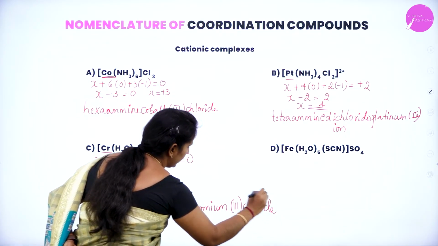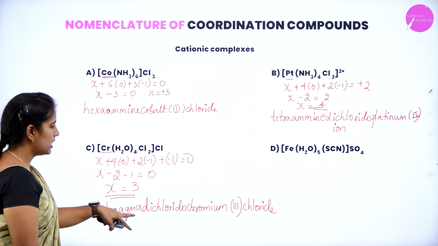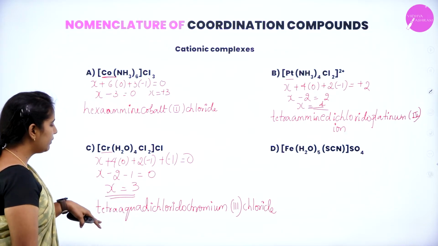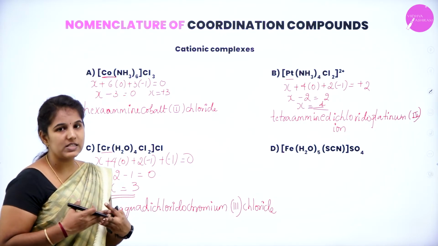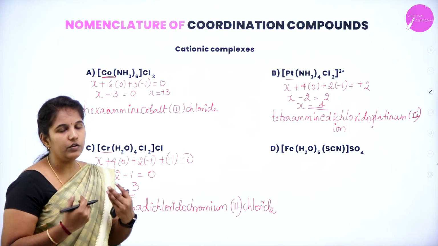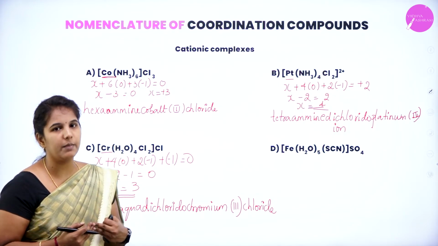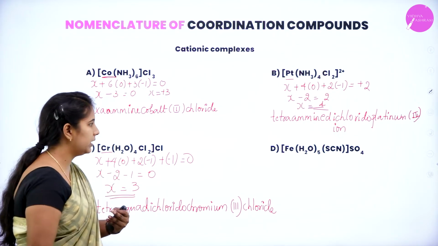Chromium 3 chloride. This is how we will name this compound, and you can see that while naming this coordination compound, I have not given any space in between them. Okay, this is something you need to keep in mind while doing the nomenclature.